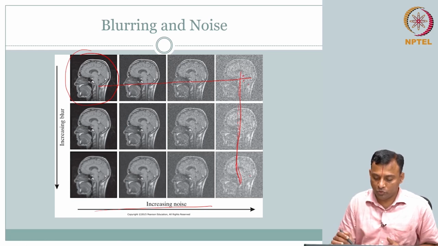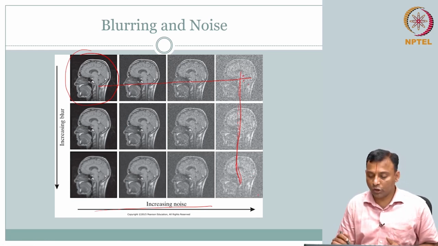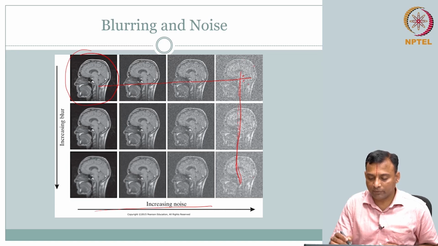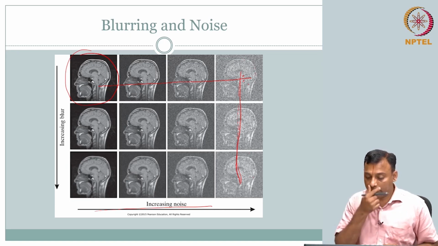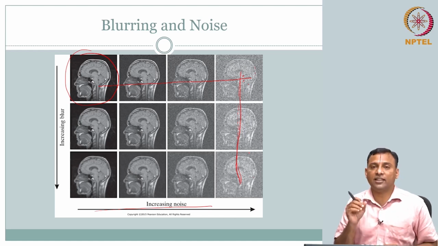But if I compare these two, this actually has reduced noise. The speckle, the fluctuation is reduced, but here I see the lines are a little sharper, whereas here it is blurred. So there is a cost that is associated.